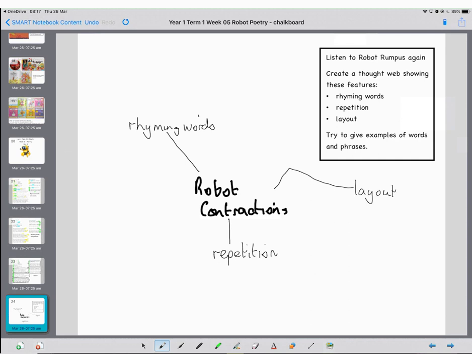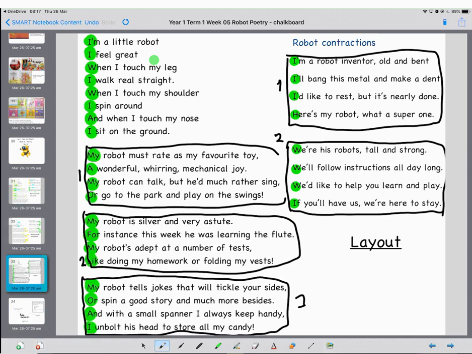Now, layout with Robot Rumpus could be completely different. You might want to draw some of the different ways that the poet lays out the words. So, in Robot Contractions, the rhyming words are, let's just flick back and have a look, bent and dent.